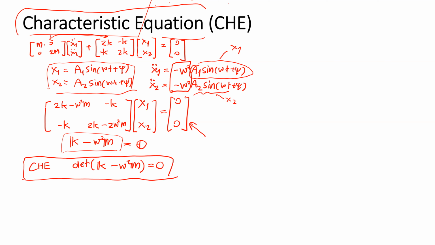The determinant is a scalar, it's not a vector anymore. So the 0 is a scalar value. So how can we obtain the determinant of this matrix? The determinant, if you remember, if you multiply it downward, is positive, and if you multiply it upward, it's negative.